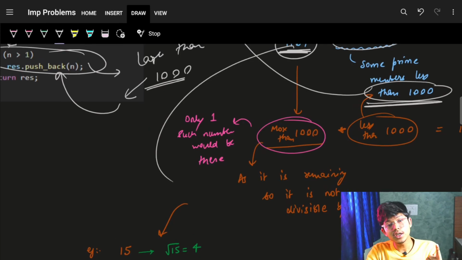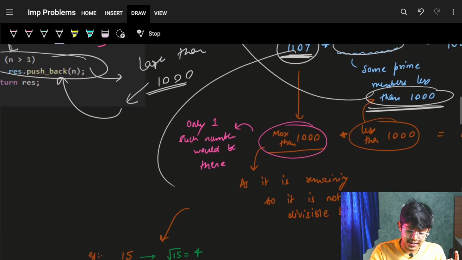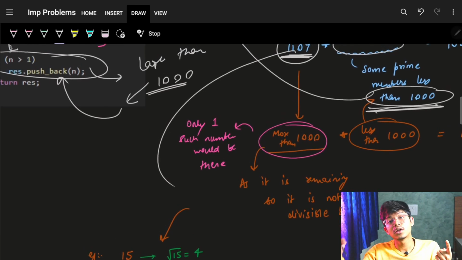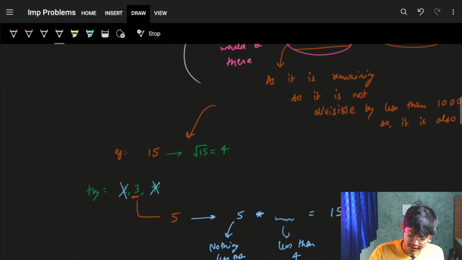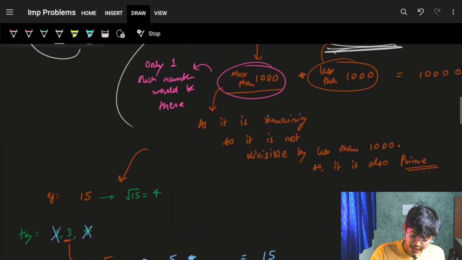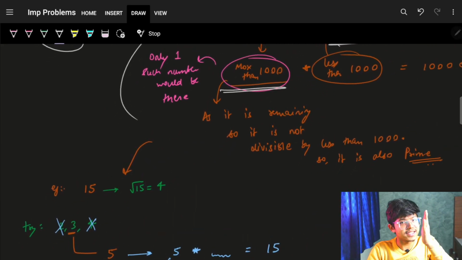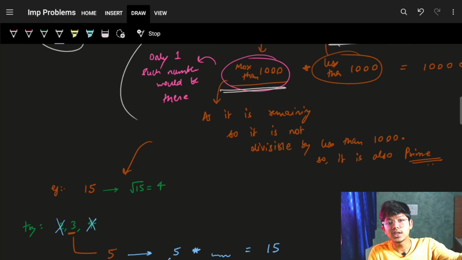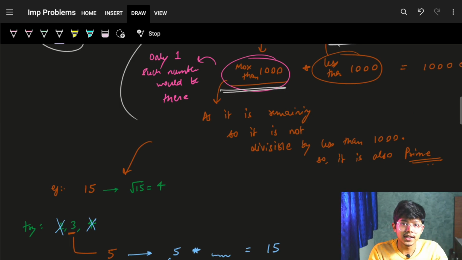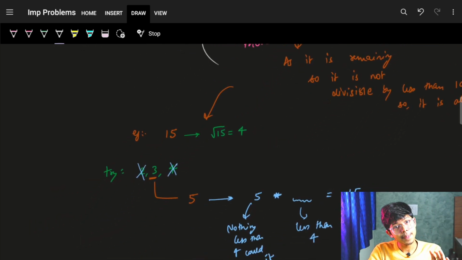So if it is not divisible by less than square root of n, and for sure a number cannot be divisible by more than that, so it's for sure a prime number.